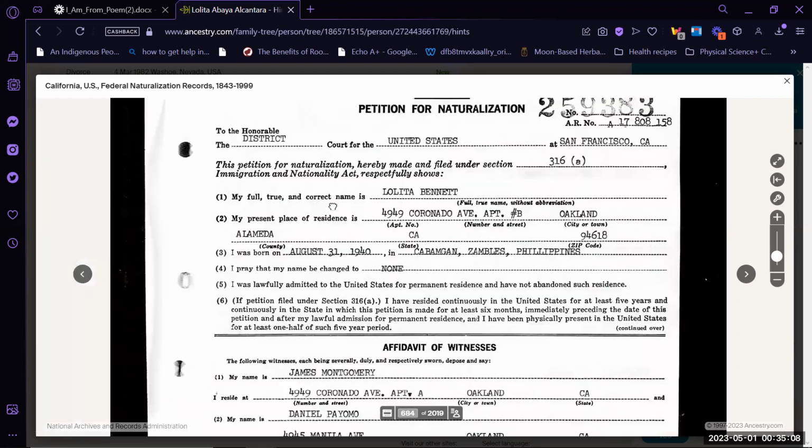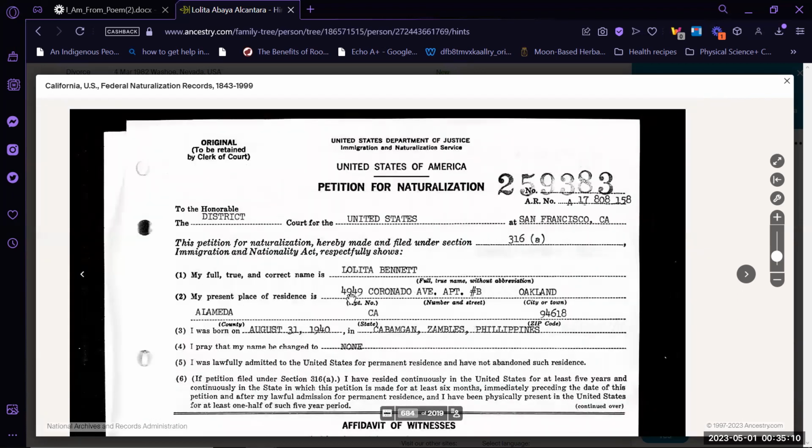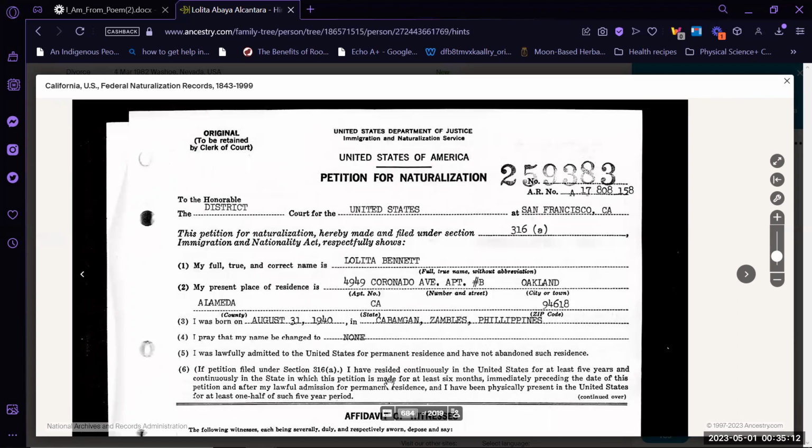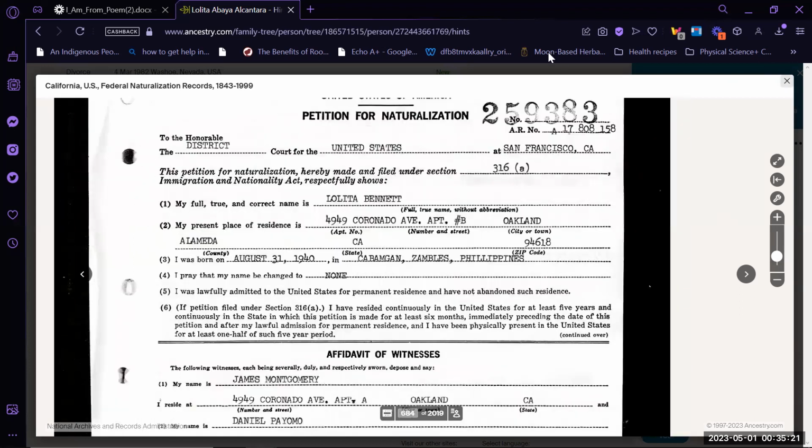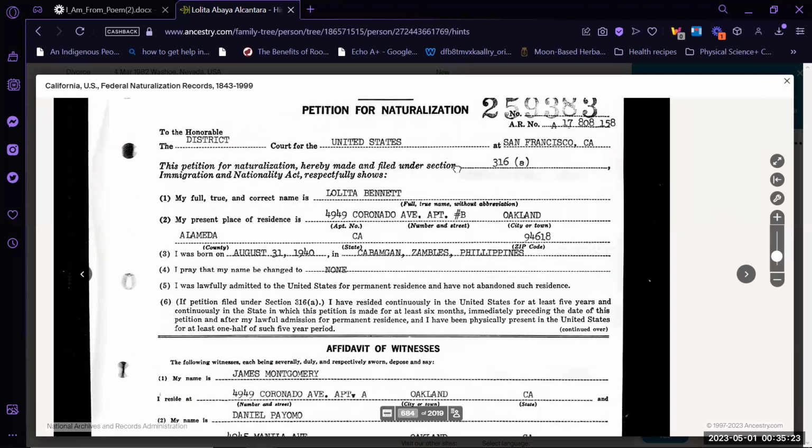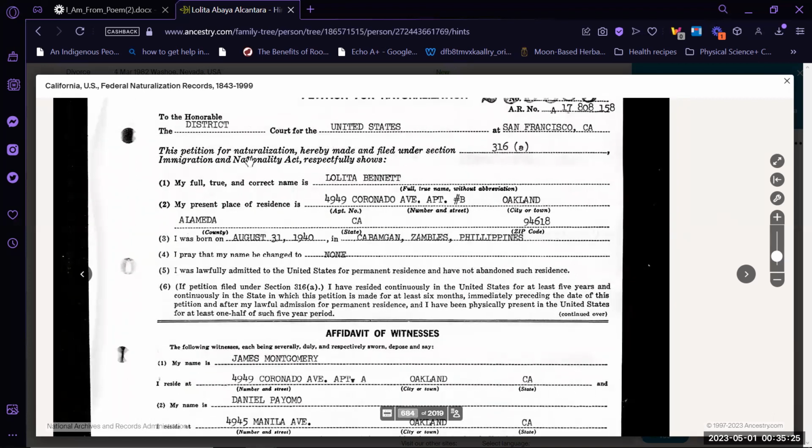I knew that she moved to California, but I didn't know the time period, so I really appreciate having this to set a timeline in my mind. It helps to streamline my family tree. So this is what you do to look for any key information.